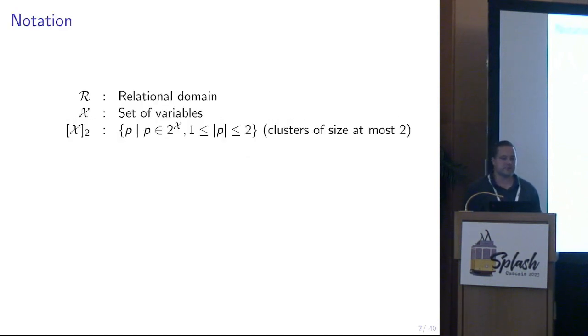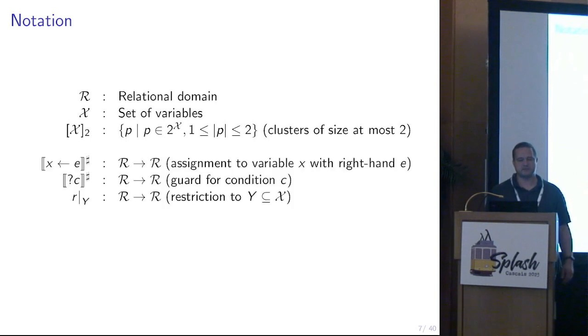Let's first get a bit of notation out of the way. When we say R, this is a relational domain, then we have some set of variables X. And what will be of particular relevance later in this talk are the clusters of size at most 2. This is what we mean when we write X in square brackets subscript 2. So this is all subclusters that have 1 or 2 elements.